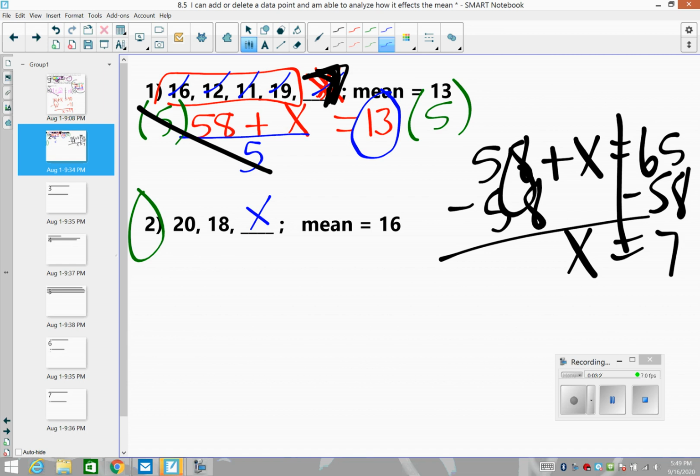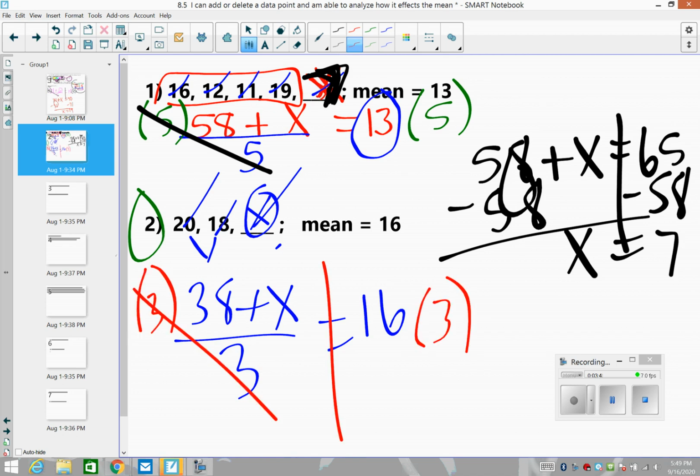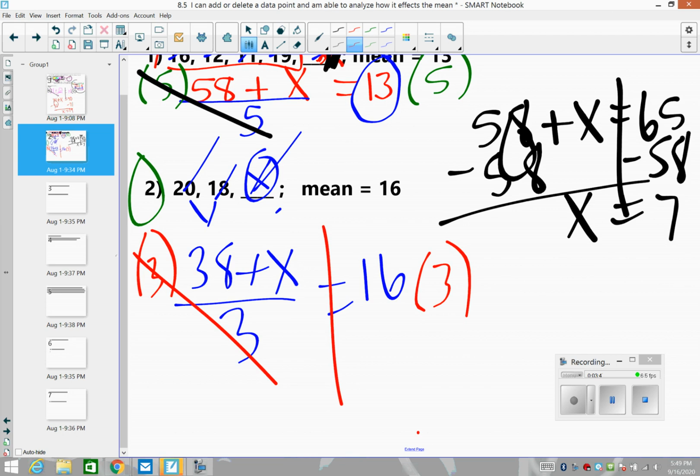So we're going to add these up. That's 38 plus this one, which we're trying to figure out. If I divide that by 3, 1, 2, and 3, I get 16. So solving, to get rid of that denominator, we multiply by 3, copy, paste, copy, paste. So we end up with 38 plus x equals 48.